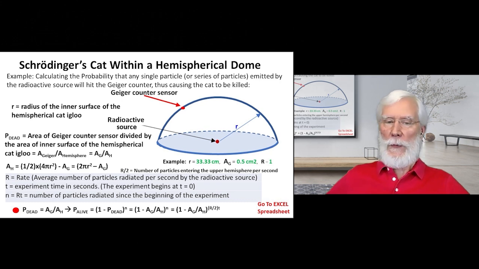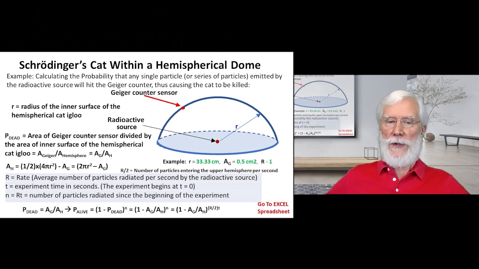And so you just multiply them. After n particles have come out, it's 1 minus P dead to the nth power. If 100 particles have come out, then 1 minus P dead to the 100th power is the probability that the cat is still alive. All right, so that's how all this works out.